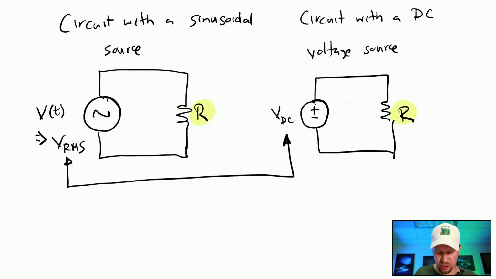So this circuit over here with a sinusoidal source will deliver the same exact power as this DC circuit, provided the DC value and the RMS value of the sinusoidal source happen to be the same. Right? And this is one of the reasons why we oftentimes use RMS values, because it allows us to make a very, very quick comparison to DC circuits.